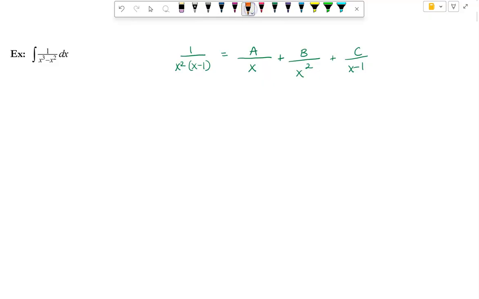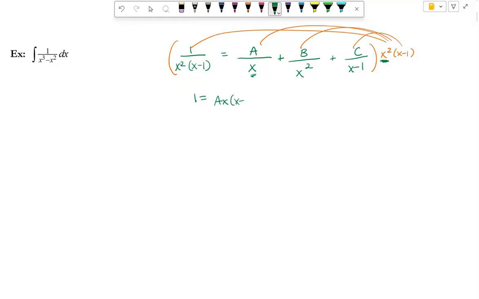All right, so again, when we go to multiply by our lowest common denominator, everything gets multiplied by that. So I'm going to get 1 equals, when I multiply this with a, only one single factor of x is going to cancel with my denominator. So I'm going to be left with a times x minus 1.